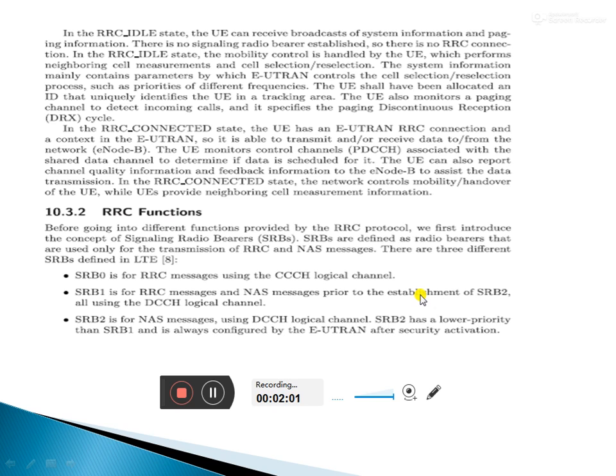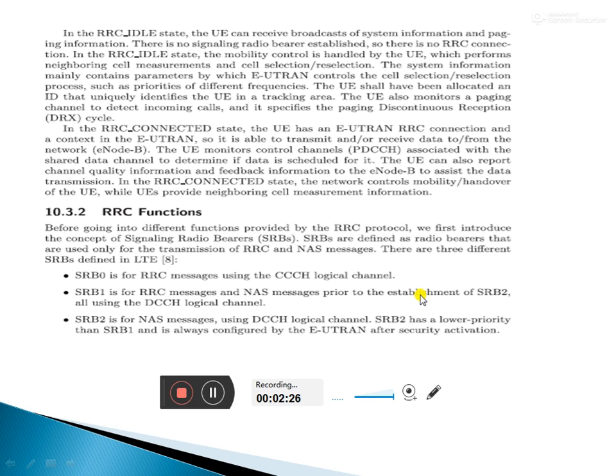SRB 1 carries RRC messages and also NAS messages. It is used prior to the establishment of SRB 2, and it is given the first priority using the DCCH, the dedicated control channel.